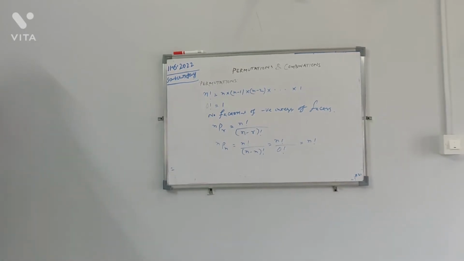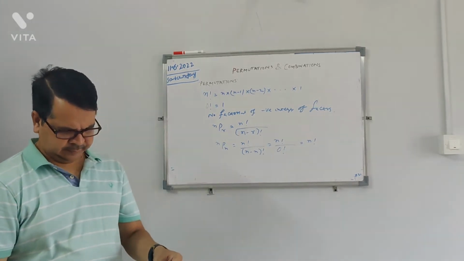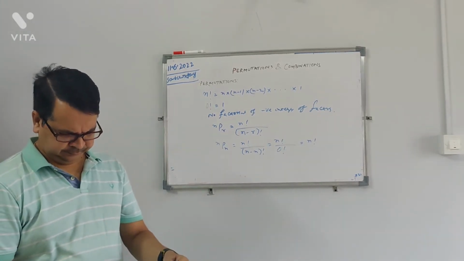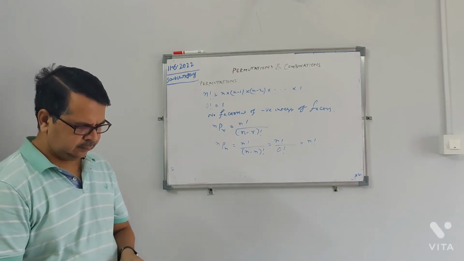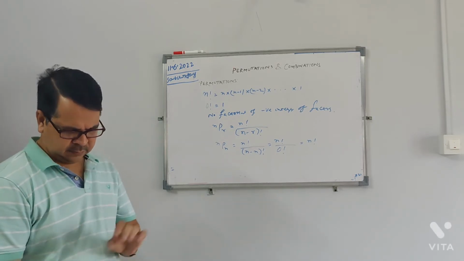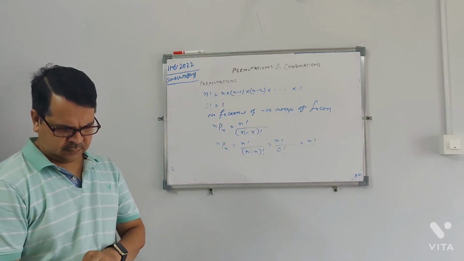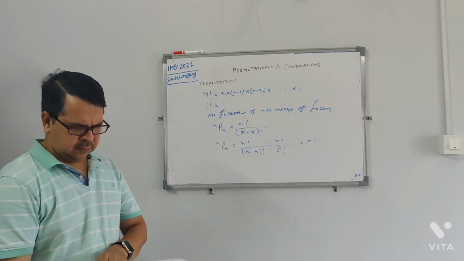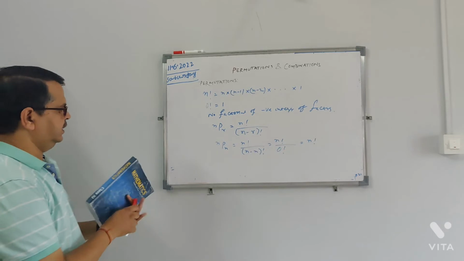You can practice as many as possible. Okay, so the number of permutations of n different objects. What does it mean?